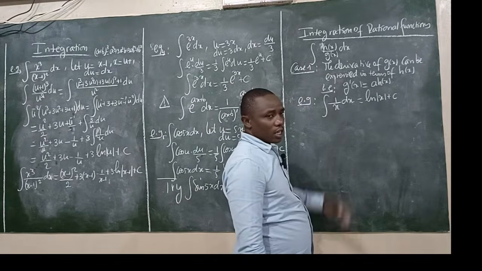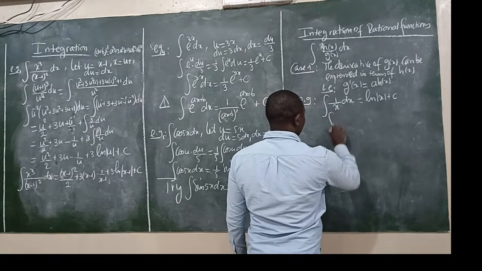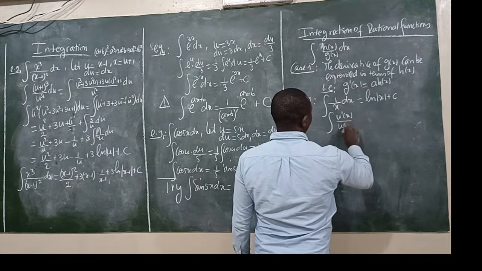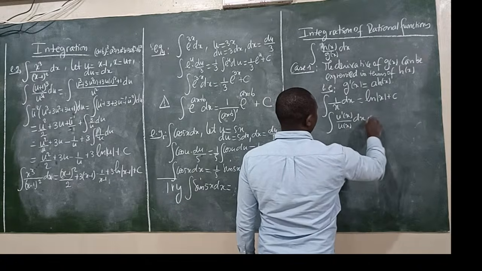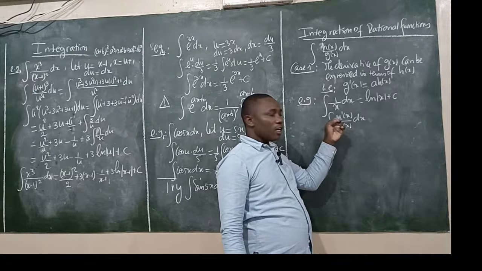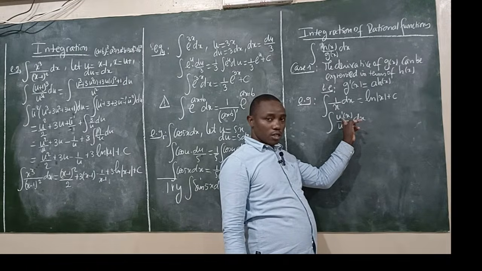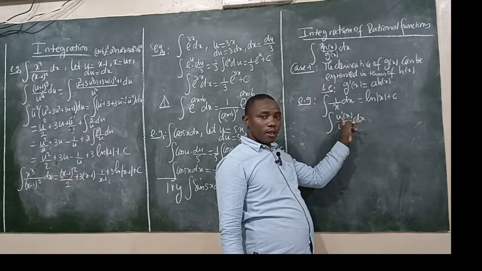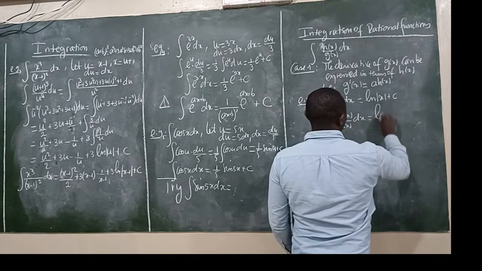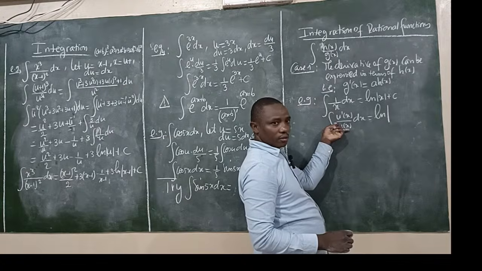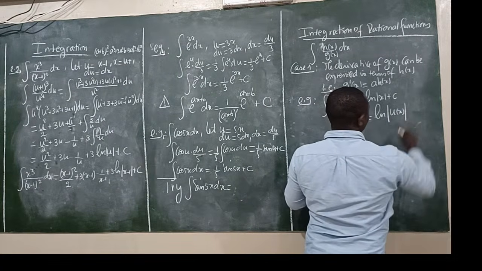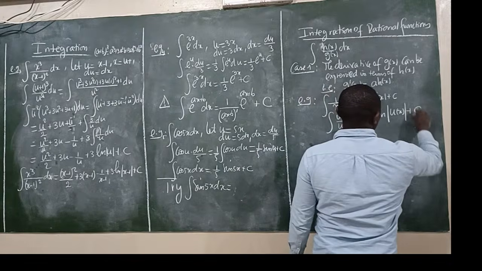Now, this was seen by taking the integral of u prime of x by u of x dx. When the derivative of the denominator gives a number times the numerator, the integral becomes the natural log of the denominator, plus a constant.